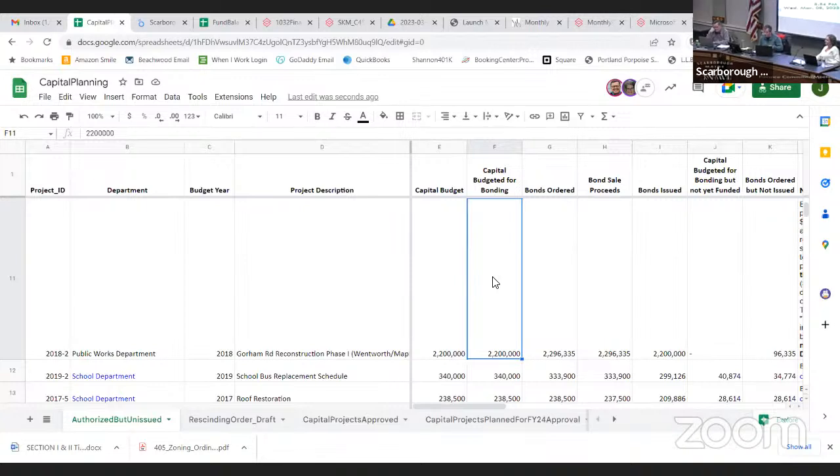It turns out the state only kicked in 700,000, but we did order bonds totaling almost 2.3 million, and that's what we got in return. So we ordered bonds that exceeded the original budget, not counting any proceeds that came from the state of Maine.